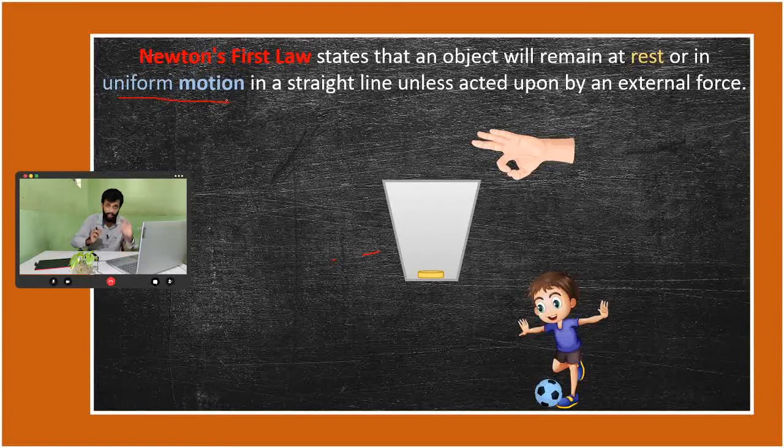So the external force in both these experiments is, first one, flicking that cardboard, second one, the boy coming and stopping the ball. So the first law clearly states that an object will remain in the state of rest, it will remain there, or in uniform motion. If something was moving, it should keep moving unless an external force is acting on it. You can say an external unbalanced force acts on it. So that's the first law which Newton gave, okay?